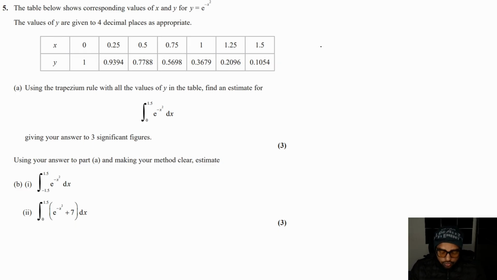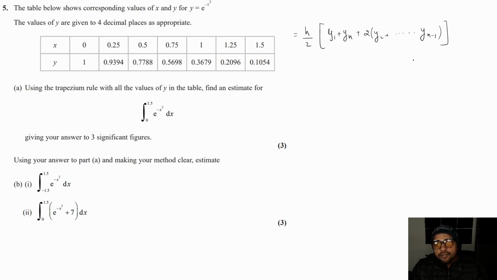Those who don't know the trapezium formula: h by 2, y1 plus yn plus 2 times (y2 plus up to y n minus 1).